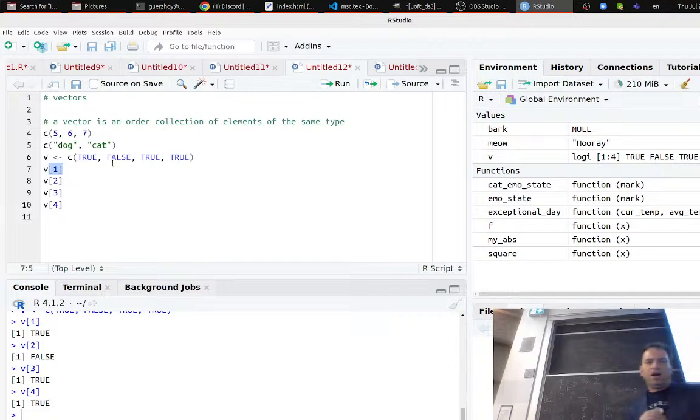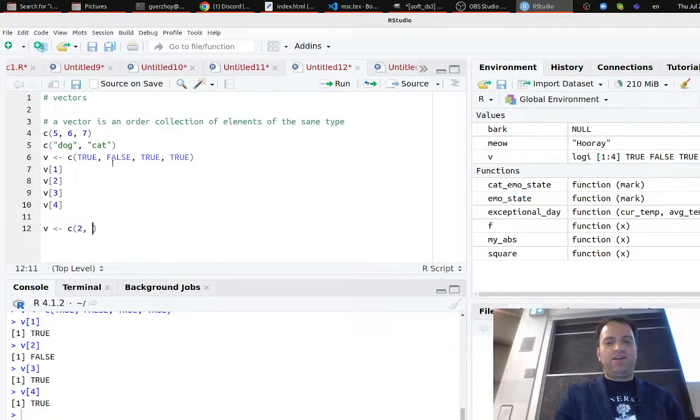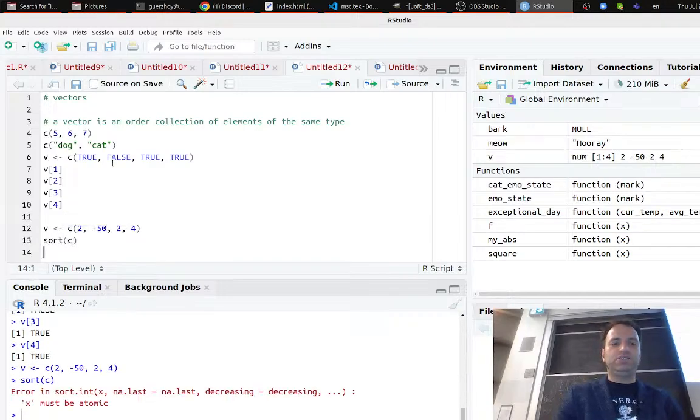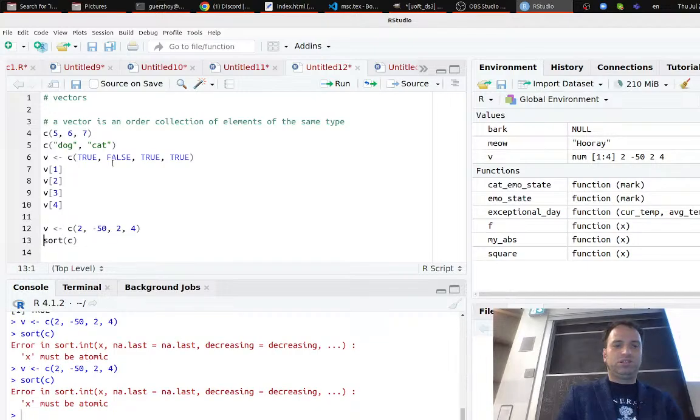Okay. So you can do all sorts of things with vectors. We'll do kind of a more low-level version of this where we actually do the things that I'm just going to show you how R does automatically for you in Python later on. But for now, it's just like this. If you have a vector like this, you can say sort v.